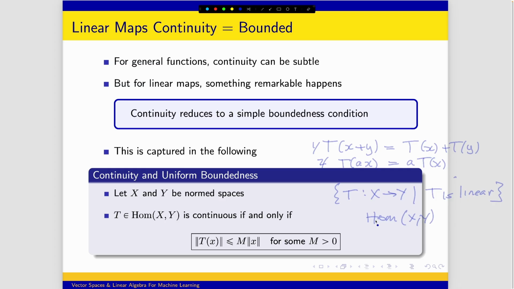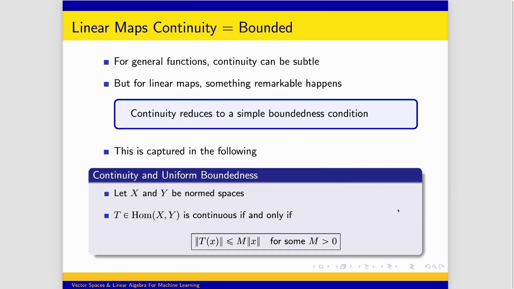This is a set of homomorphisms between vector spaces X and Y. Homomorphisms are structure preserving maps, and in the case of maps between vector spaces, these coincide with linear maps. Now, we're also assuming that X and Y are, in this case, finite dimensional. We won't look at infinite dimensional cases, although it doesn't make any difference in this case, actually.